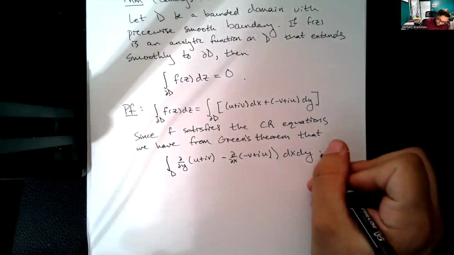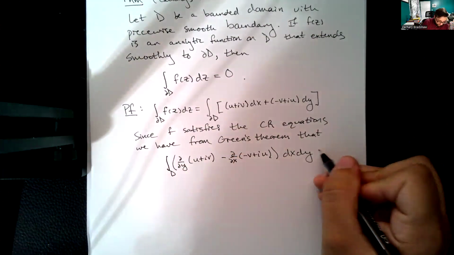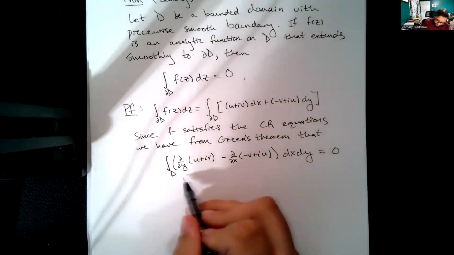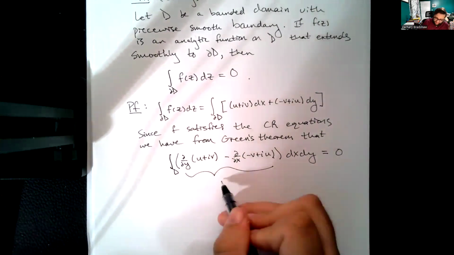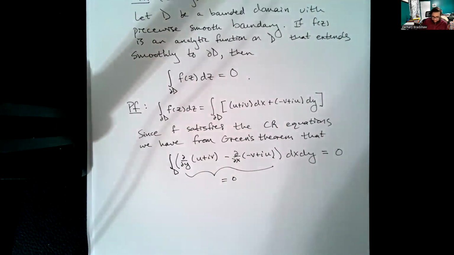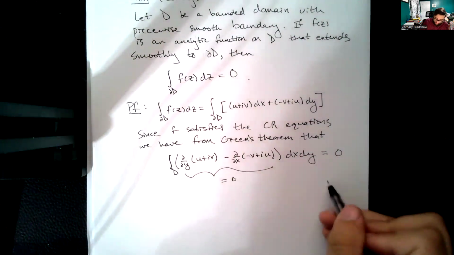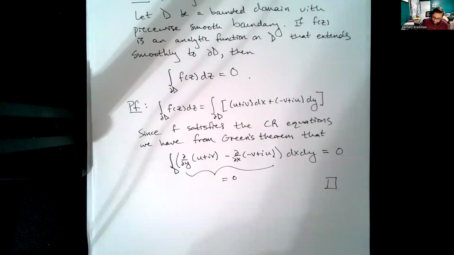Well, this is going to be equal to 0 by the Cauchy-Riemann equations. Why? Because the Cauchy-Riemann equations tell us that this integrand is exactly 0. Okay. So that's it. That's the entire proof.